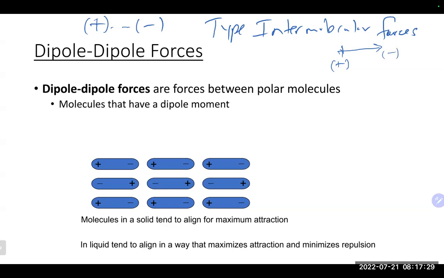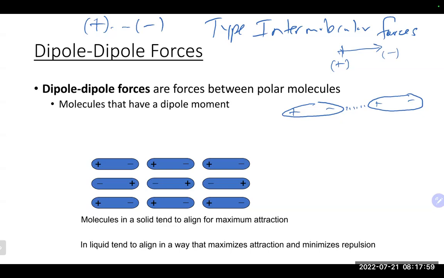Because polar molecules have a dipole moment, what that ultimately means, as we can see in the picture, is one side of the molecule is more positive, the other side is more negative. And that means when two polar molecules come up on each other, the positive side of one polar molecule will align itself with the negative side of the other. And now we have a nice place where there can be an interaction between those two, positive side of one, negative side of another.